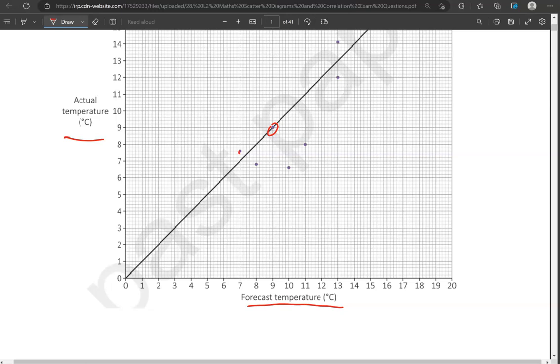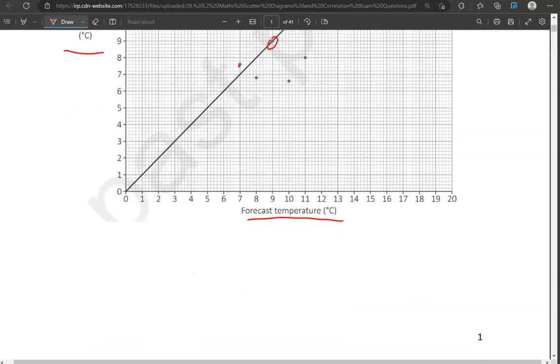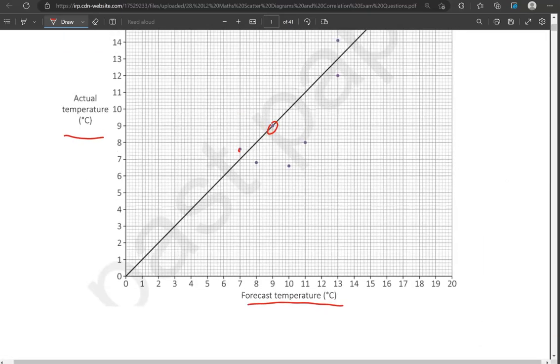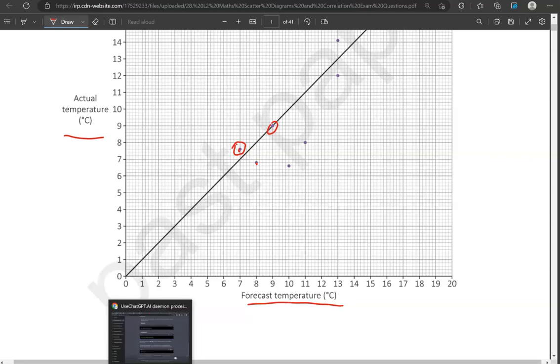So that is within the 2 degrees that we've got in the criteria to be counted as accurate. So that is also accurate. Looking at this one here, forecast as 8 degrees and it was nearly 7 degrees. So that again is accurate.